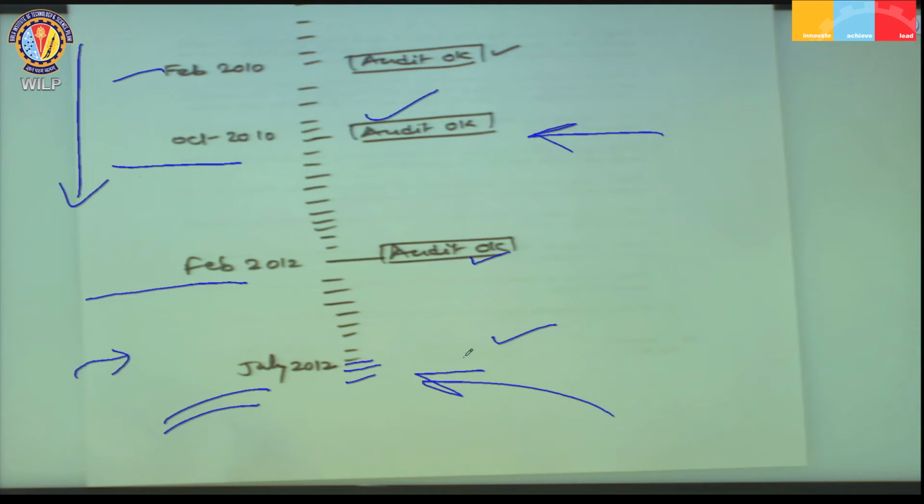Then they don't have to look for the correctness of the accounts from the beginning. They will go back to the latest checkpointing or auditing point, that is February 2012.